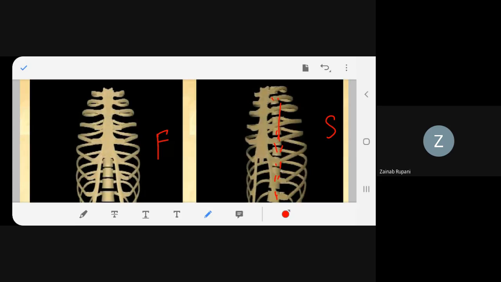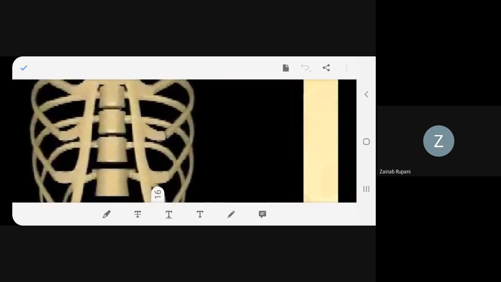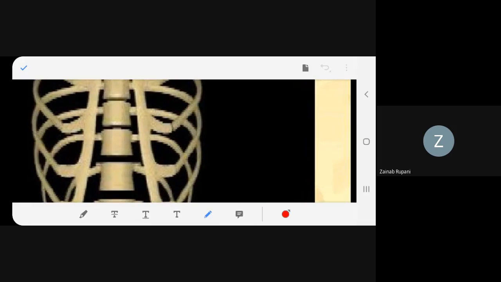Understood? You can see it's more over here. These are the vertebral columns. Can you see this one? You must have a granny or grandpa or grandma. Sometimes they're not able to sit together because there's a cushion in between.